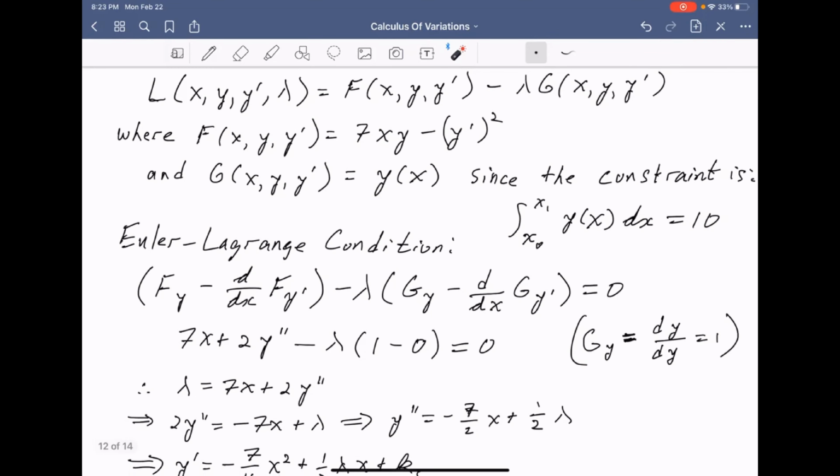So the Euler-Lagrange condition is, again, the same way we set it up. Here's the objective function, and this is now our constraint function multiplied by the Lagrange multiplier. We set that equal to 0. So then, taking this derivative with respect to y, now we get 7x plus 2 times y double prime.